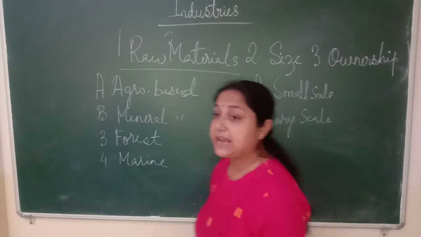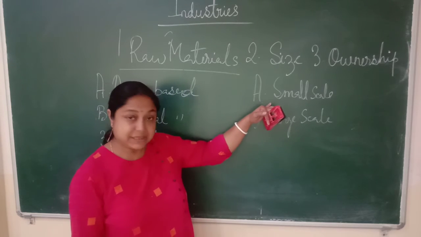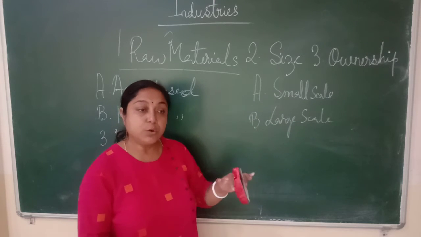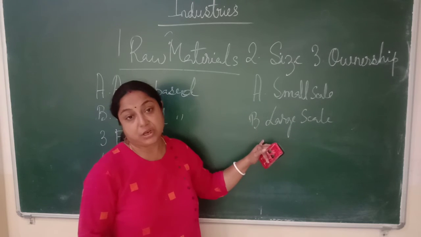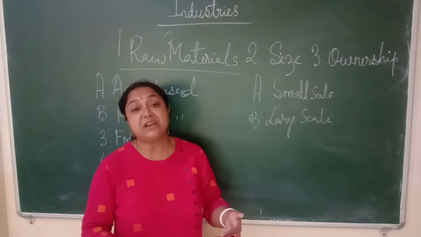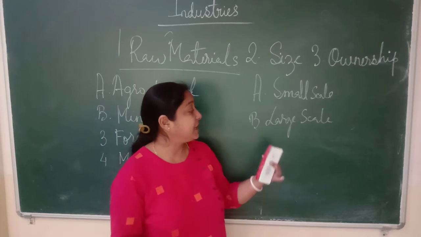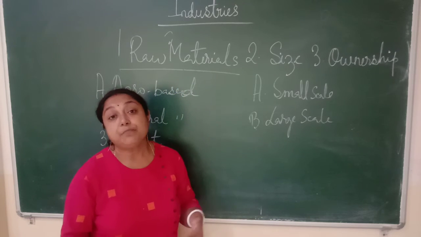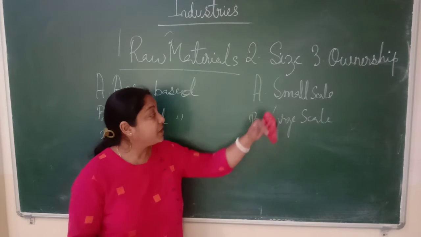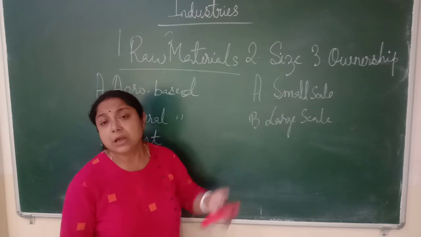In small scale industries, investment is less, labor, machinery, everything used is less compared to the large scale. Large scale uses more labor, more capital investment, more modern technology, etc. In the large scale, shipping industry, automobile industry, all this will come. Here, cement industry, and other various small scale industries will also come.